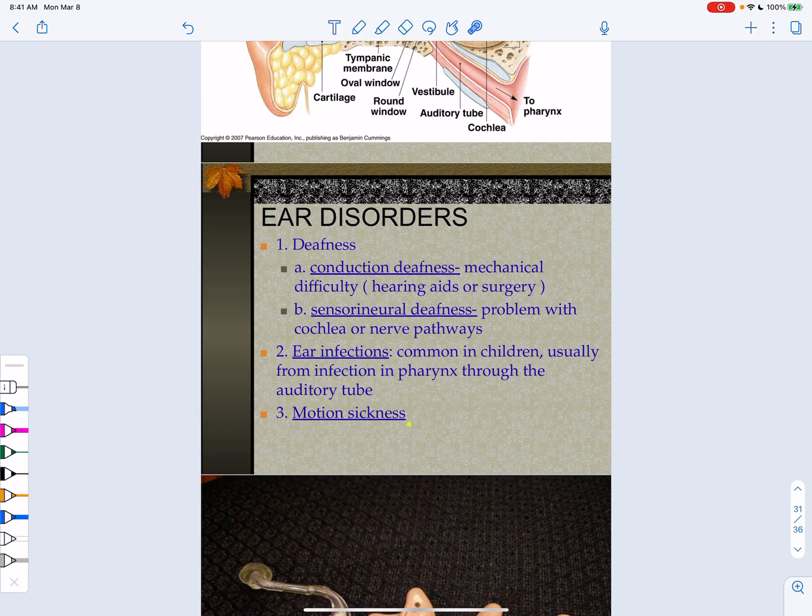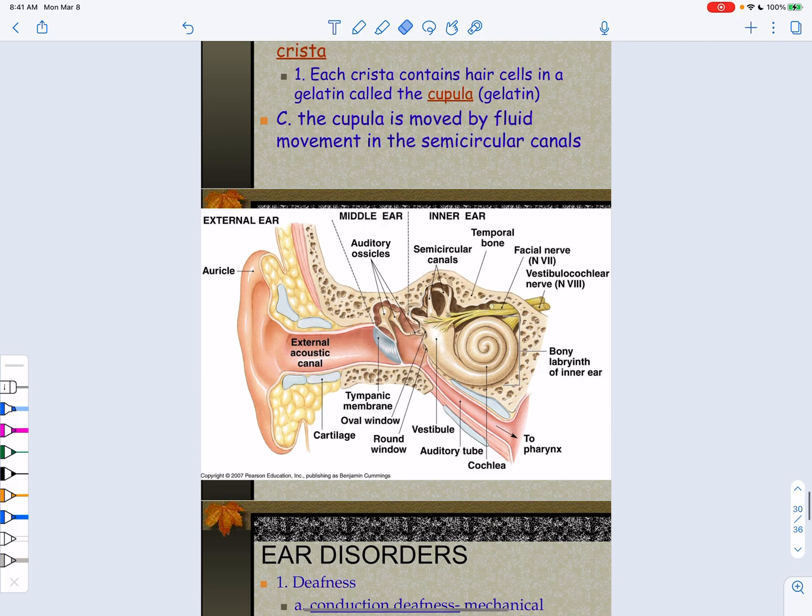Last but not least, motion sickness comes from your ears and your eyes not agreeing on what's happening. So if your eyes are telling you that you are balanced and you are not moving, like when you're reading a book, but your ears are telling you that you are moving because you're riding in a car or in an airplane or on a boat, then your eyes are telling you that you are still, but your ears are telling you that you're in motion.